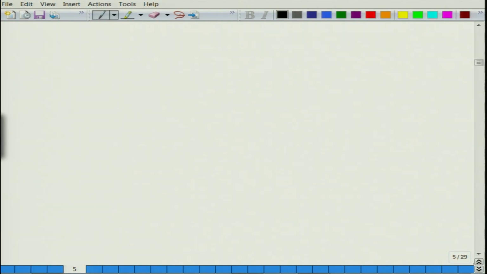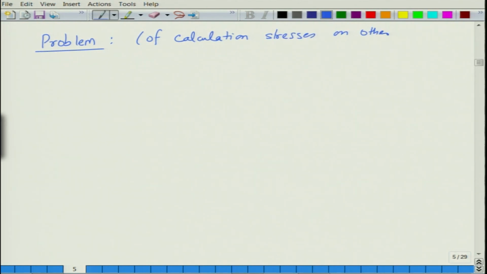So, let us do a solved example for instance. If you take a problem, this will become a little clearer. Let us first take the problem of the calculation of shear stresses on other axes.